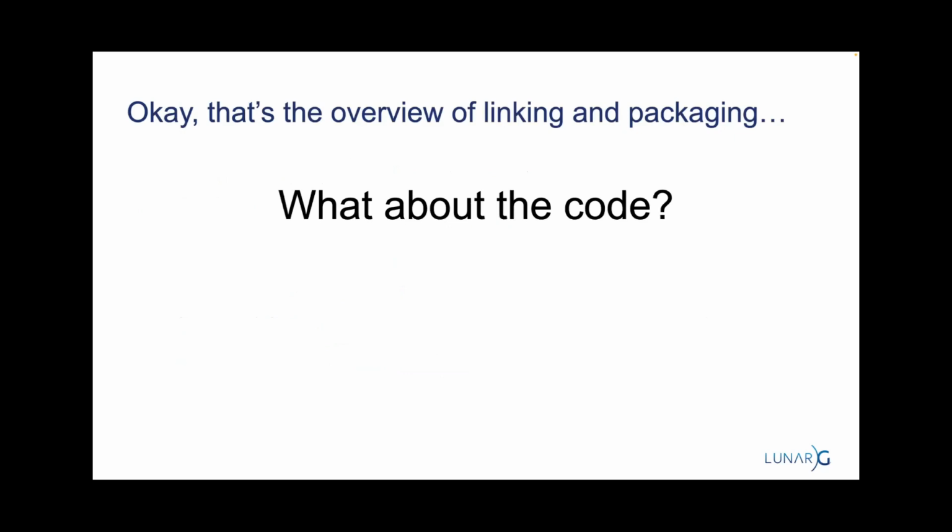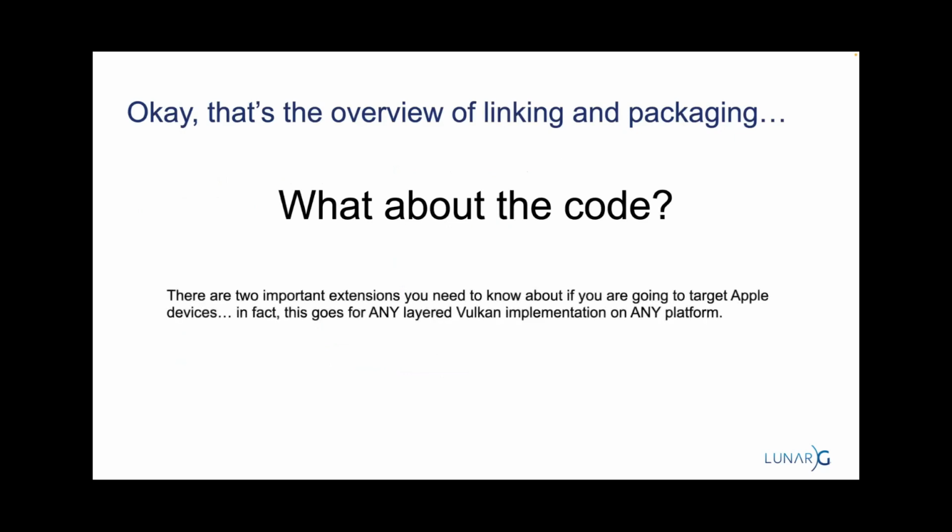What about the code? You said something about some fancy extensions, Richard. Yes, two extensions that we absolutely need to pay attention to. There's the portability enumeration extension, which is an instance-level extension, and then the portability subset, which is a device-level extension. These were, I think I can get away with saying this, more or less created for MoltenVK.